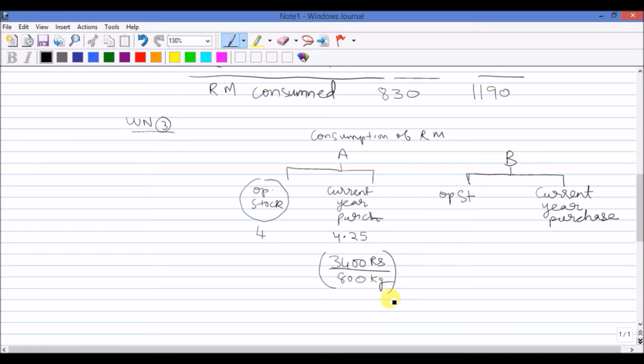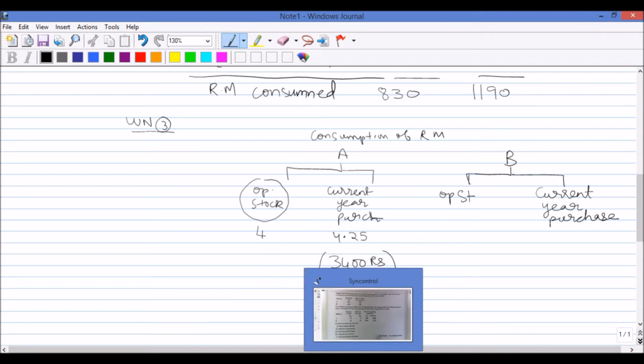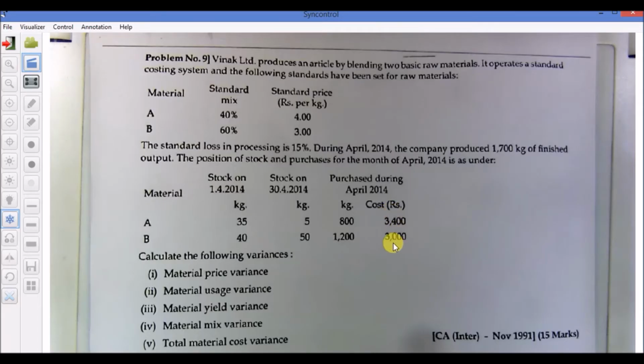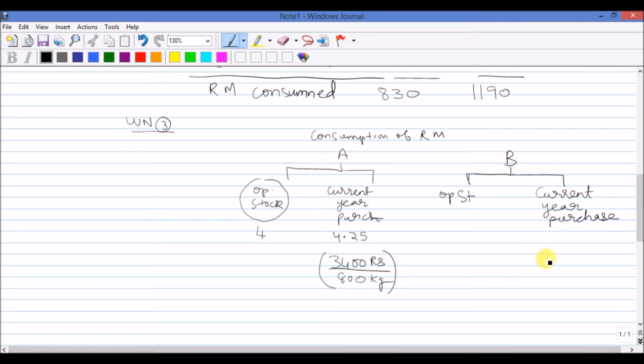Now similarly we have to do it for B. I have bought 1200 kg for 3000 rupees. So 3000 I have spent, and with this I have bought 1200 kg. So 3000 divided by 1200 is going to give me 2.5.